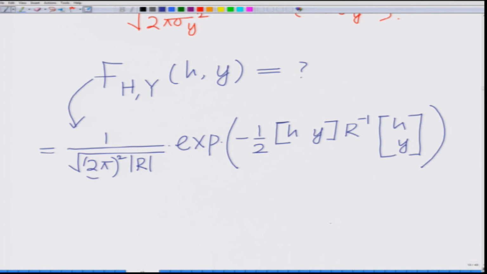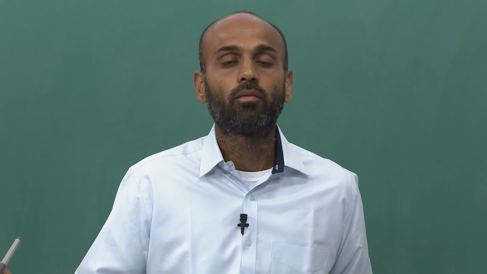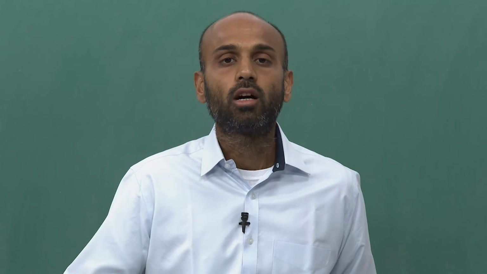This is the expression for the joint PDF of h comma y, which is in fact Gaussian. H comma y are jointly Gaussian random variables, where h is the unknown parameter and y is the corresponding observation.